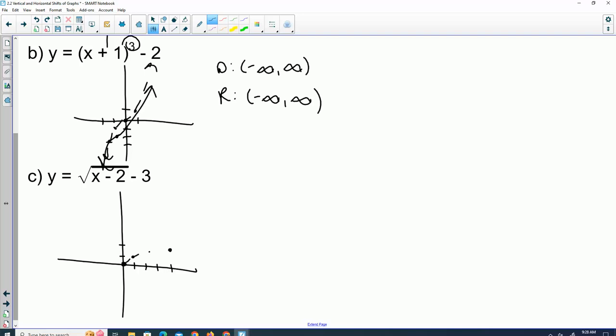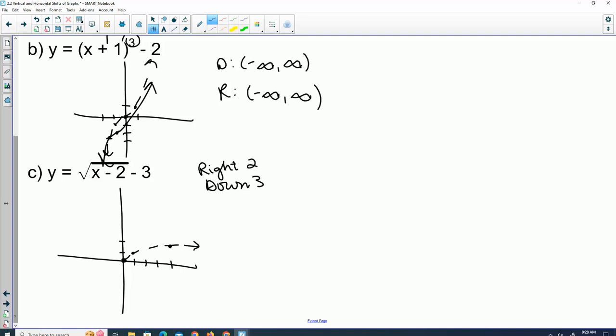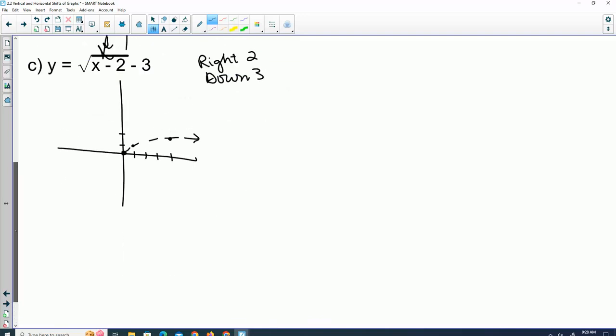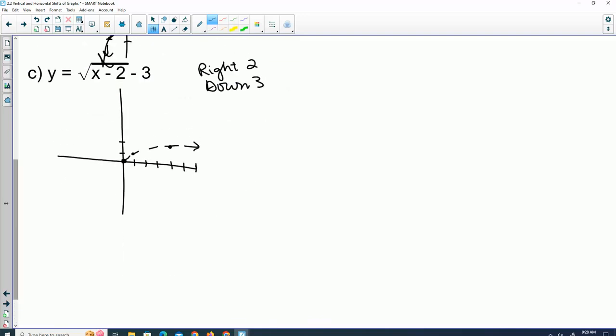So remember, your square root graph looked like this. How is this one moving? Okay. So we're going to move each of these right 2, down 3.